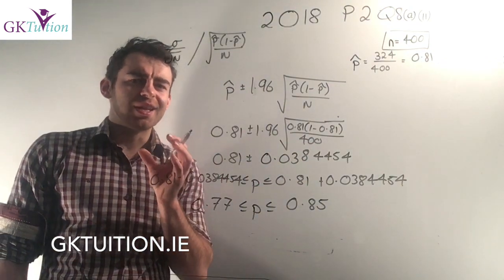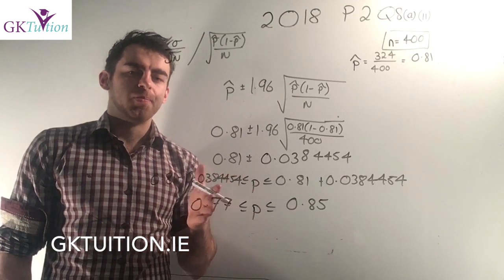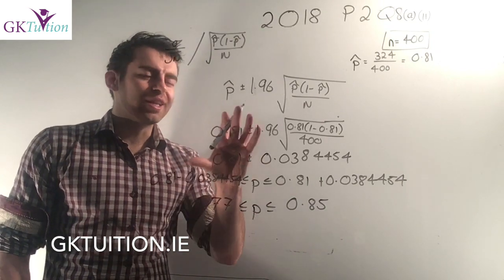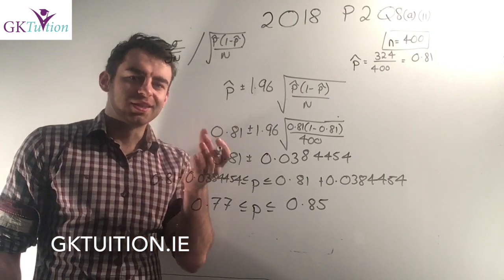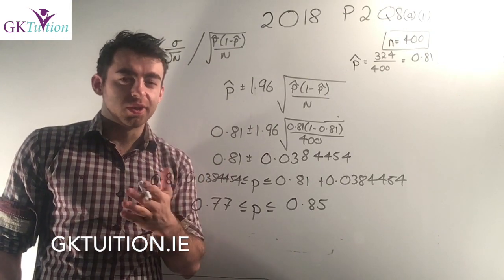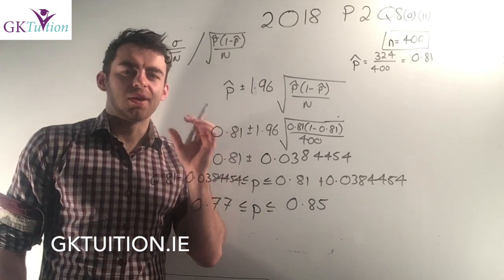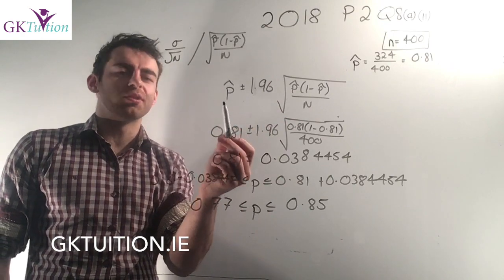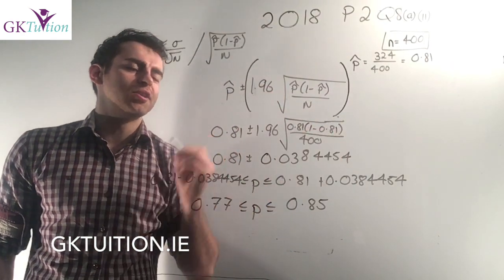Now, that doesn't actually mean that if they surveyed all 1 million people, 81% of them would have enjoyed the bar. But it gives me an indication that if I surveyed all 1 million people, the percentage who enjoyed the bar is probably similar to 81%. So in my confidence interval, I take my sample proportion, the result of my sample, and then I add and subtract the margin of error.